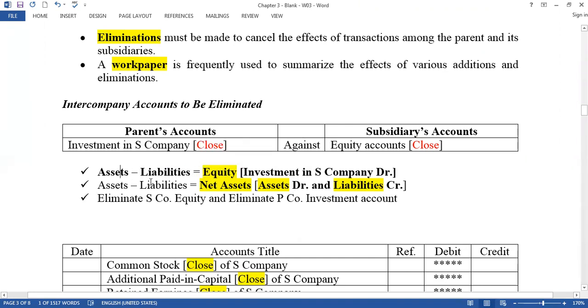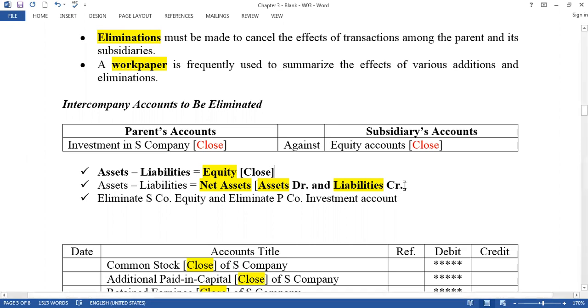So you record their asset, you record their liability. So you don't need to record their equity. Investment in S company, we already recorded as debit, so we have to close it. We don't need to record equity again, so we have to close it.